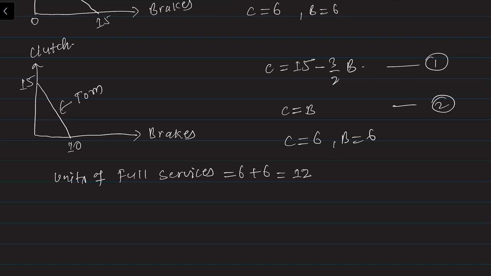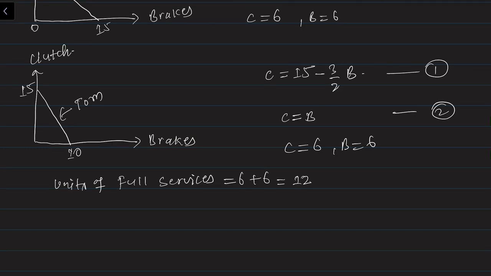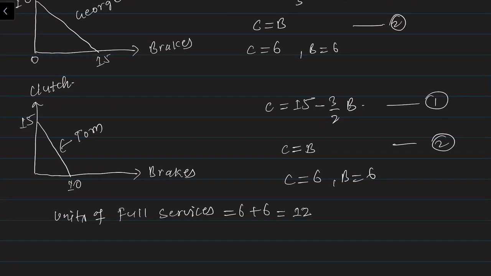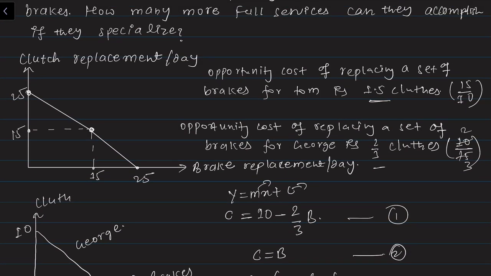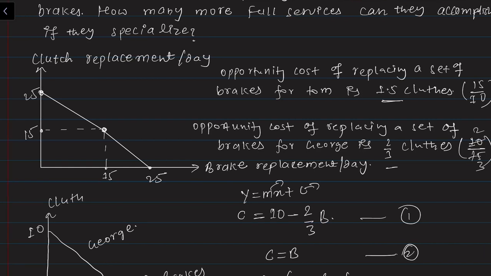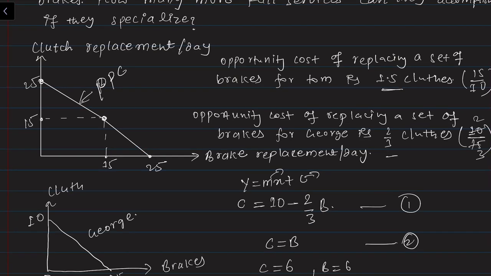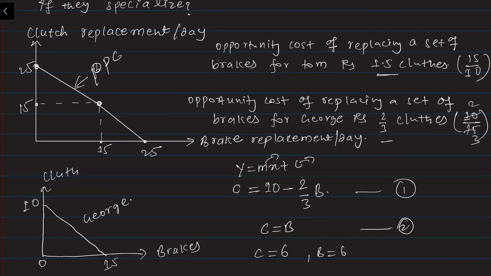Now let's consider when they specialize. So we need the PPC of the two-person economy, and here I have drawn the PPC of the two-person economy. I think you're clear about how to draw it.